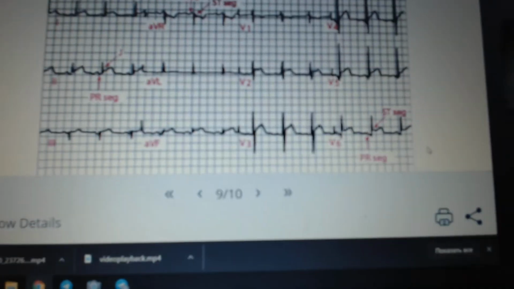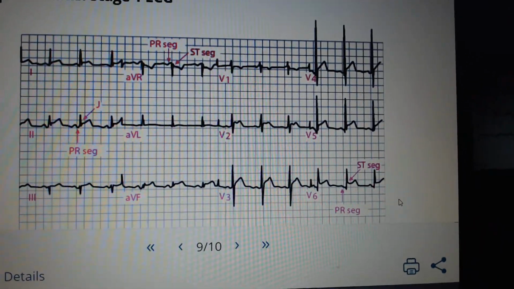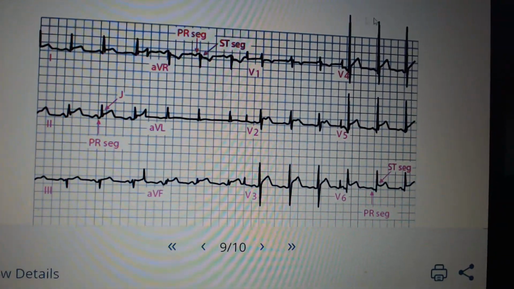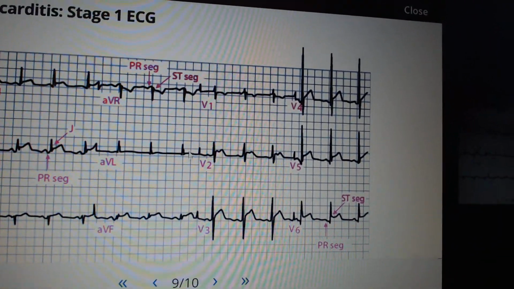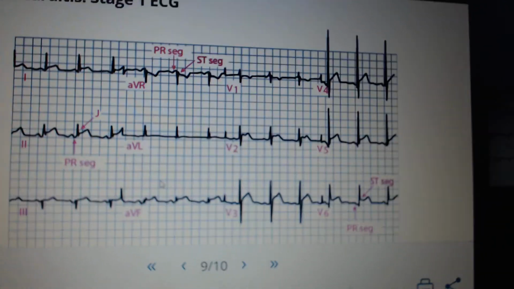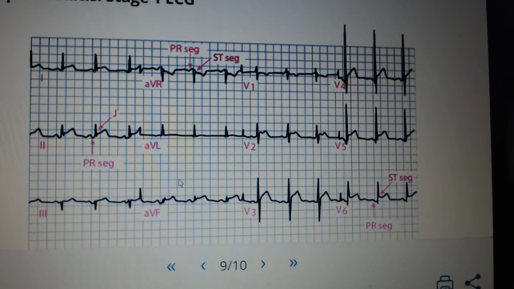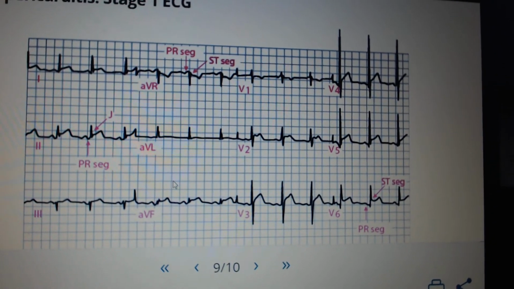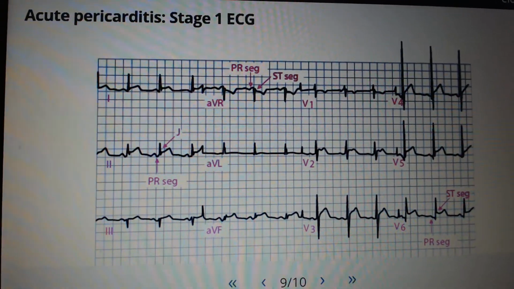So you understand this is not good quality, but you can pause. So you see the PR segment, you see the ST segment, right? Some typical elevations, but no reciprocal changes. So yes, actually we can see this in acute pericarditis. So it was stage 1.